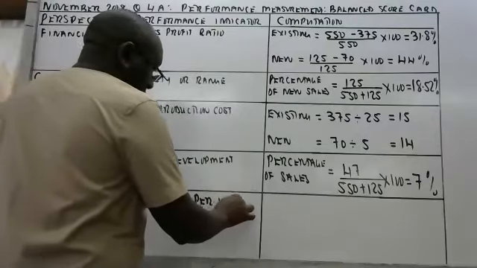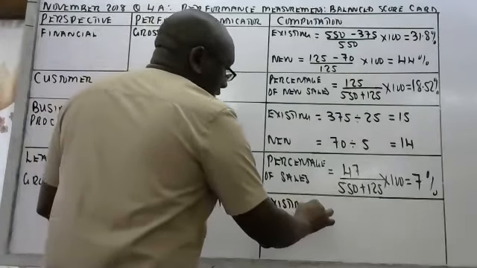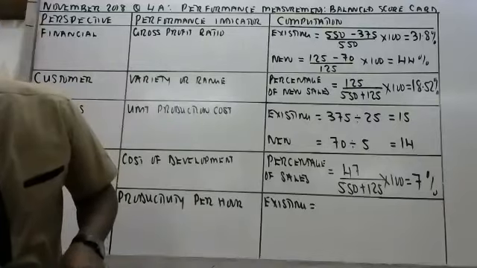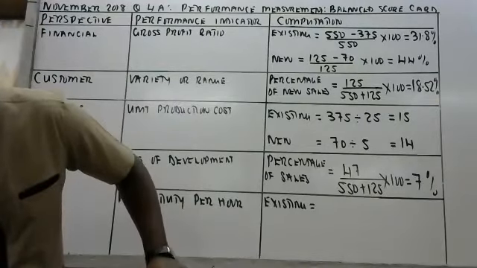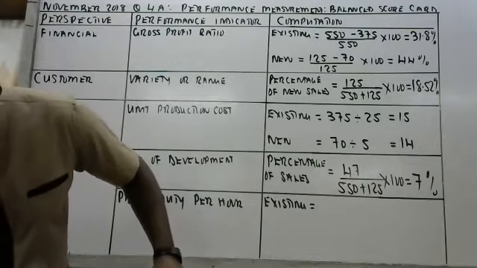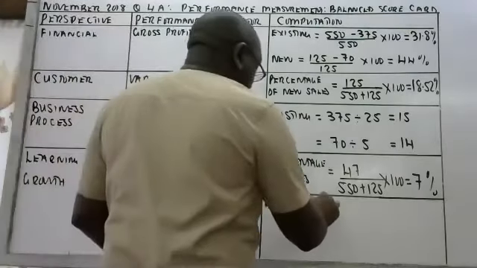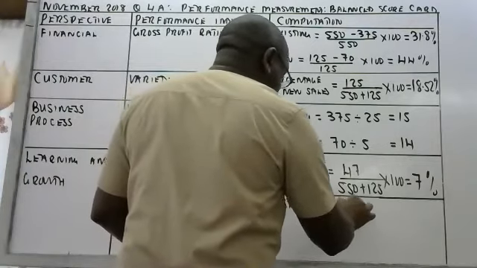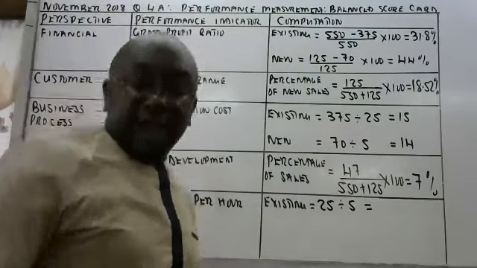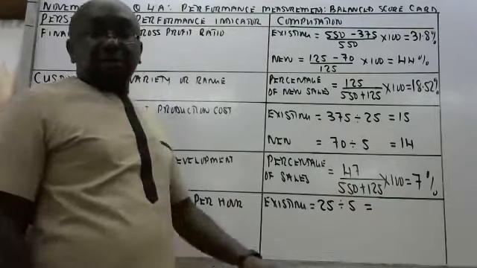So for the existing products, you can see we were making 25 units using 5 hours. So if you divide 25 by 5, you'll be able to know 1 hour is giving us how many units?